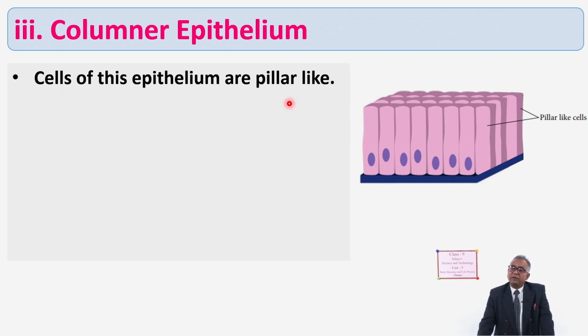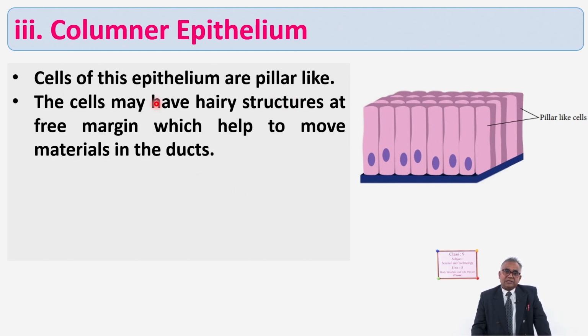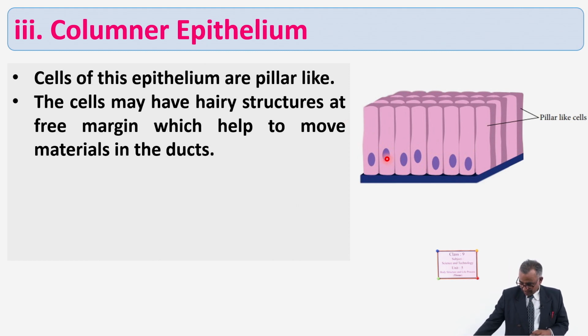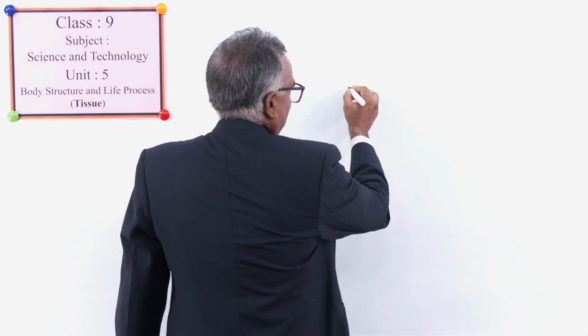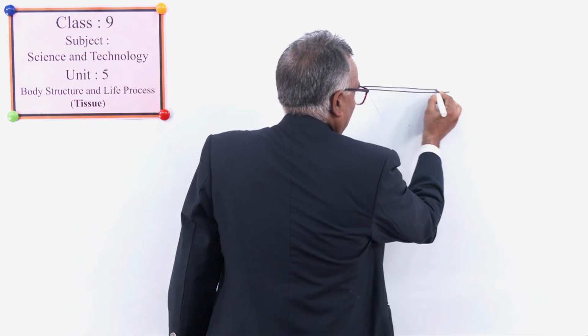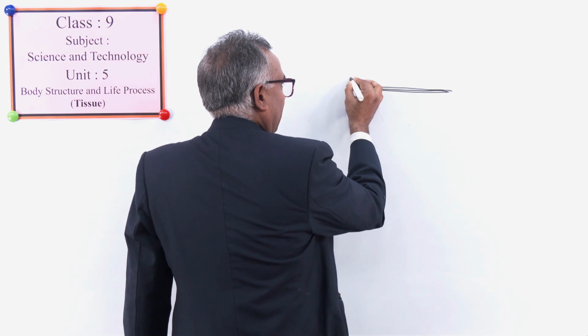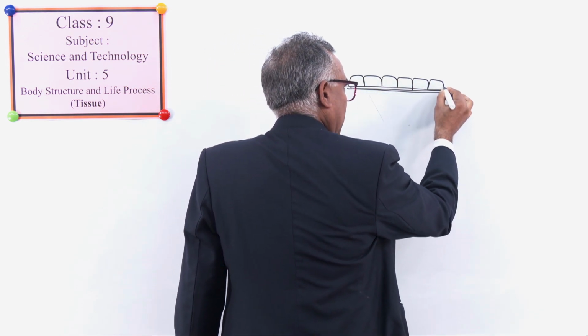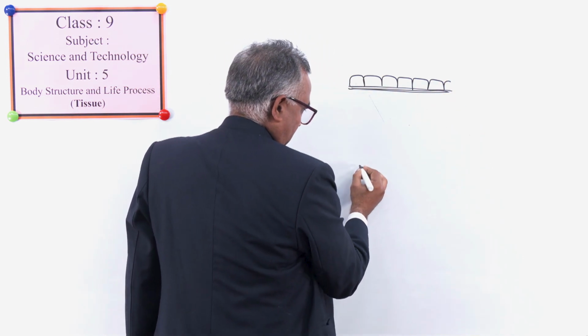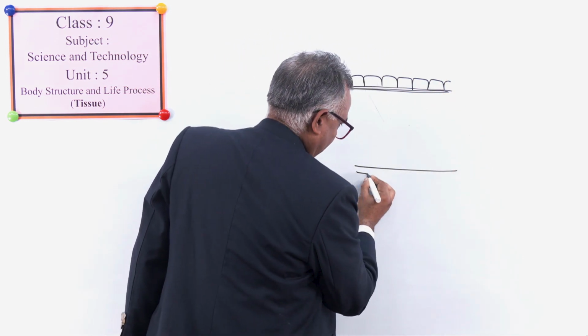Cells of this epithelium are pillar-like. The cells may have hairy structures at free margins, which is not shown here. But not only columnar, cuboidal also. If here is cuboidal cells on the basement membrane, it is one type of epithelium.